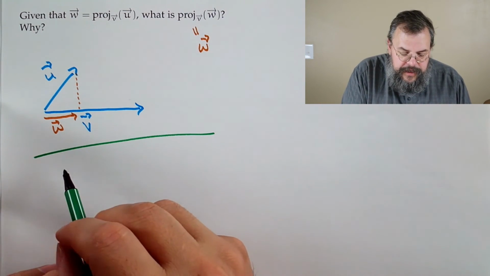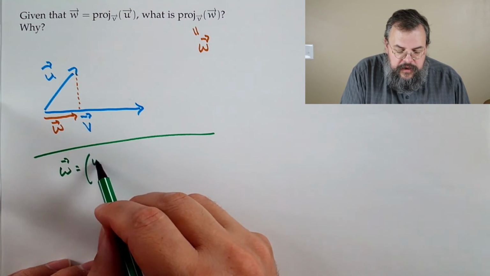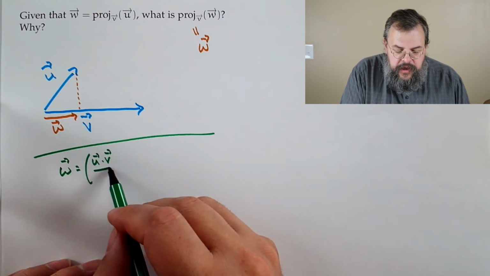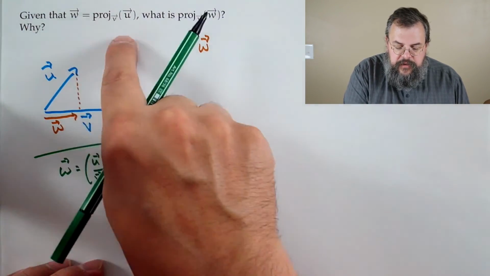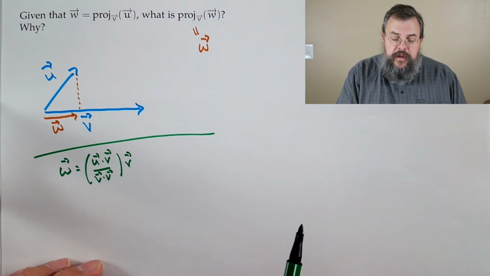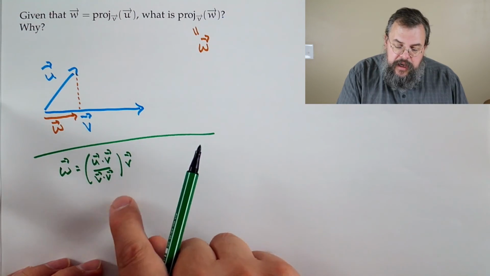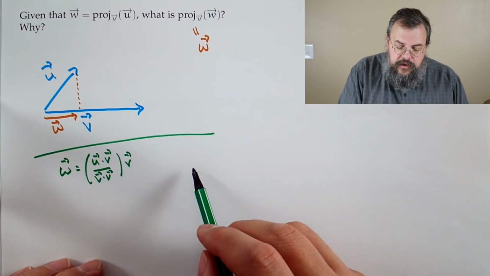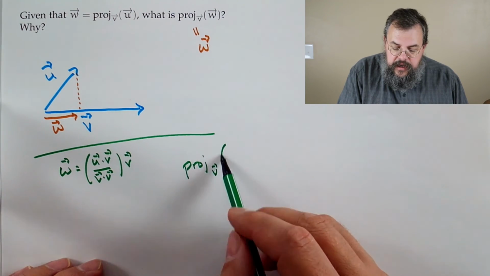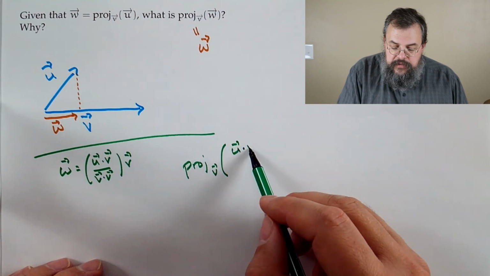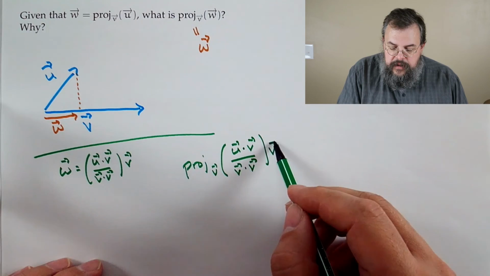Okay, so here's what we can do. We know what w is. w is u dot v over v dot v times v, because that's the formula for a projection. Now what we're going to do is take this and plug it into our projection. So we're looking for the projection onto the vector v of u dot v over v dot v times v.